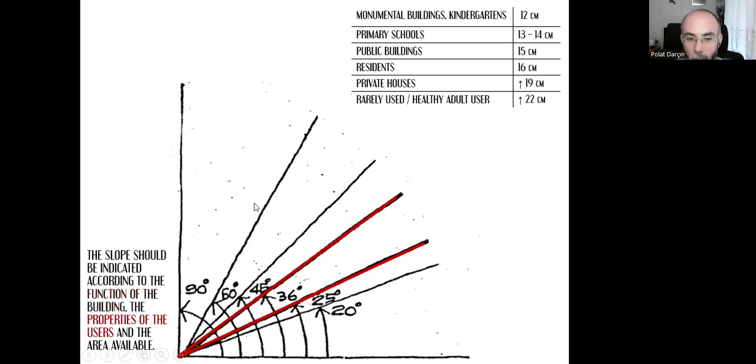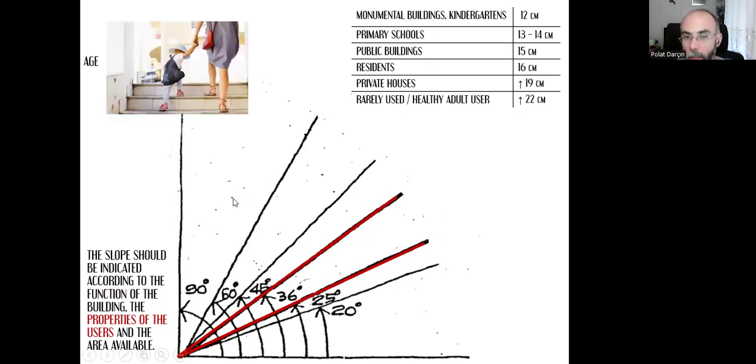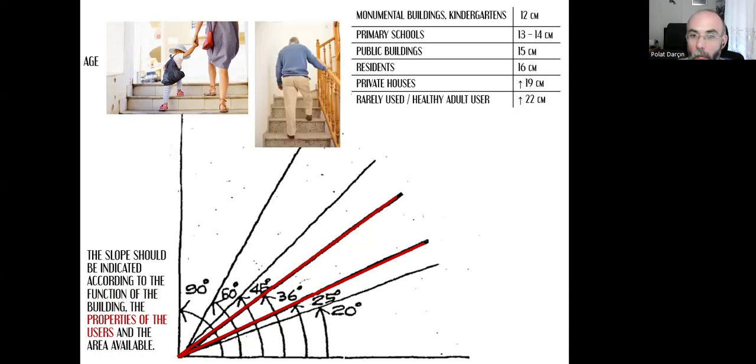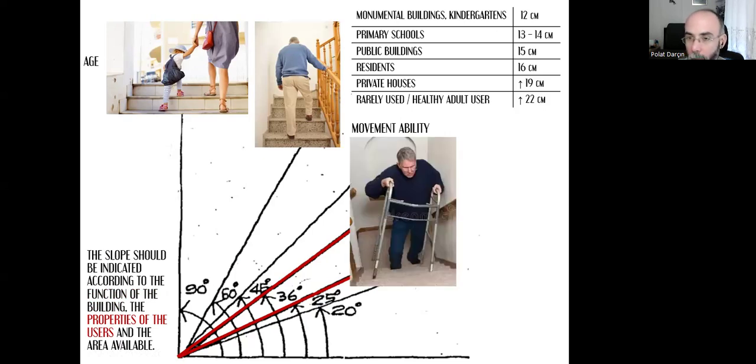Obviously, we need to take a look at the properties of the user. Age is a specific determinant. Here we can easily see, because of the age, the height of the user, the sizes of their feet and legs will change. It will be similar with older users, elderly people, and we need to take a look at their movement ability, if they need walking aids.